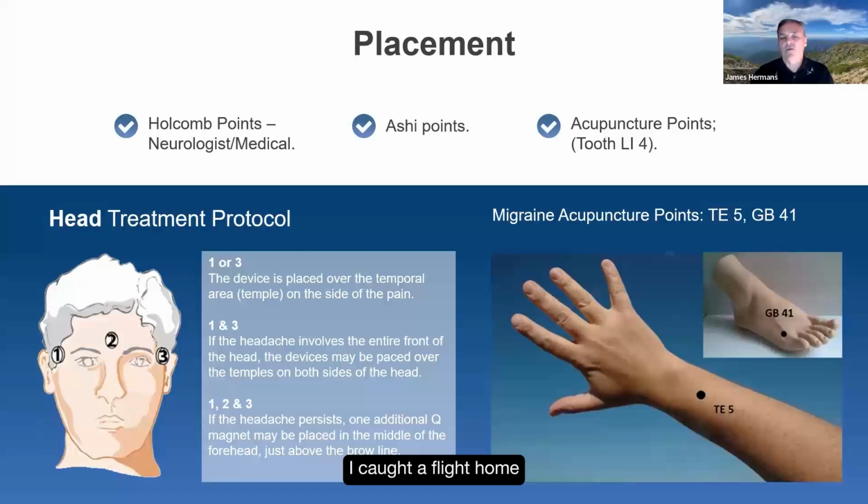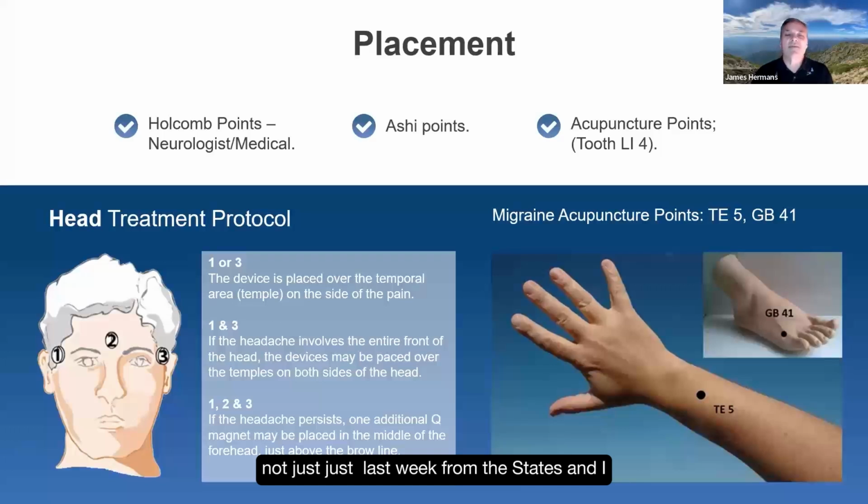Well, I caught a flight home, not just last week from the States, and when I was driving home, I could see the blurred vision coming. And I thought, oh no, I'm in the car. I could have pulled over to get some medication, but I thought, no, I'm going to try these magnets. I was a bit nervous because you don't want to have to suffer this migraine.